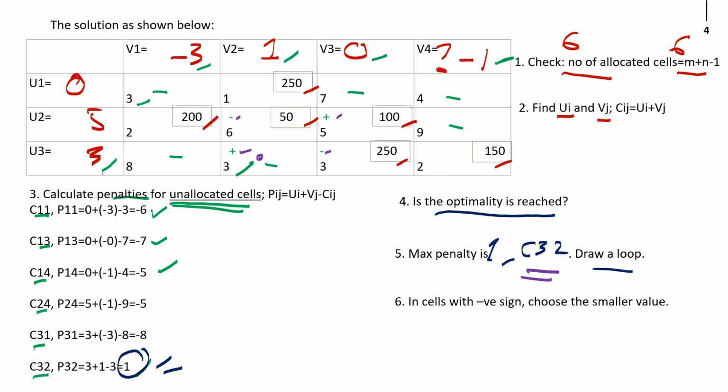Meaning that from cell 32, I move to the right, then I move upward, I move to the left and going down.